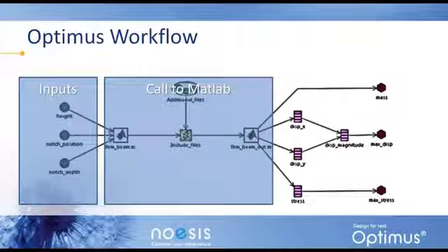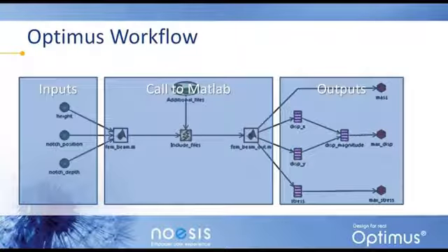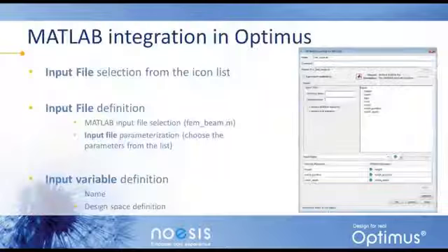Then we need to identify the M files that we're going to be using and include any libraries that those M files need to execute. And finally, we need to determine what's going to happen with the scalars and the matrices that come out of MATLAB.